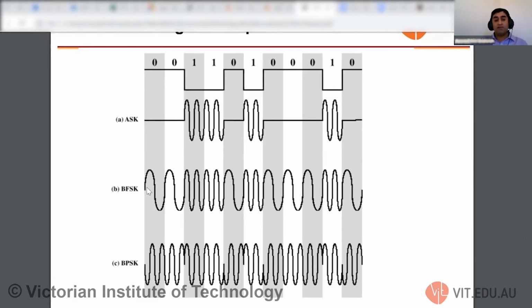And then we have binary frequency shift keying. In this, we can see that wherever the signal is 0, the frequency is half of where the signal is 1. Whereas in binary phase shift keying, the signal starts, and whichever wavelength it is following, it will continue with that unless there is a change in the signal.